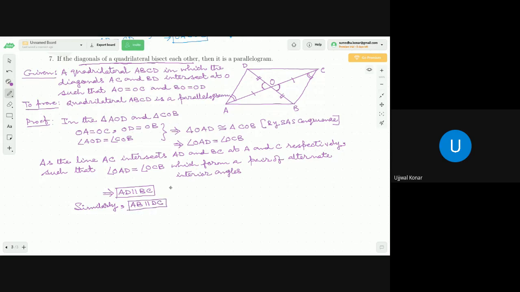Now, if we combine these two together, that AD is parallel to BC and AB is parallel to DC, we can conclude that ABCD is a parallelogram. So ABCD, which we took as a quadrilateral, is turning out to be a parallelogram. Correct.